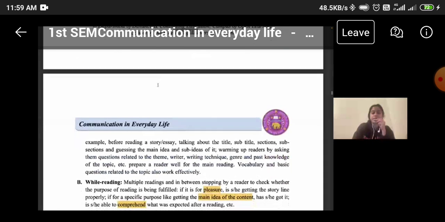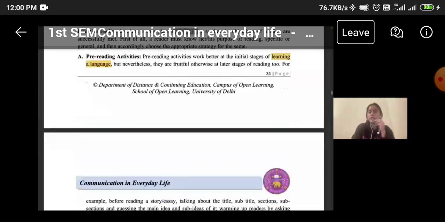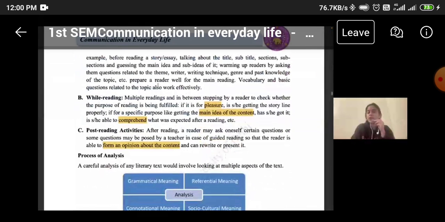Okay. So this is your pre-reading activity. Along with learning the language would be where you are defining, where you're talking about the title, the subtitle, the subsections, guessing the main idea, guessing the sub-ideas. This is defined as your pre-reading activity.